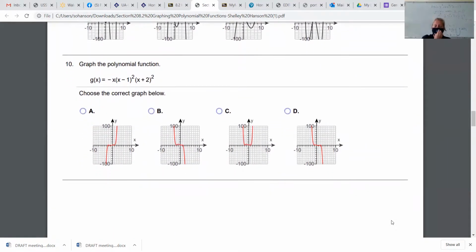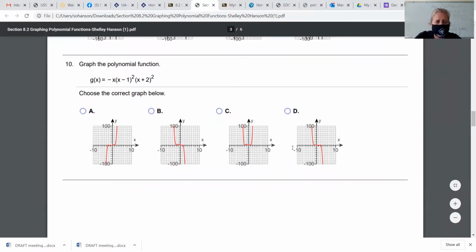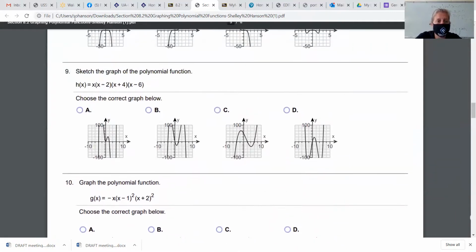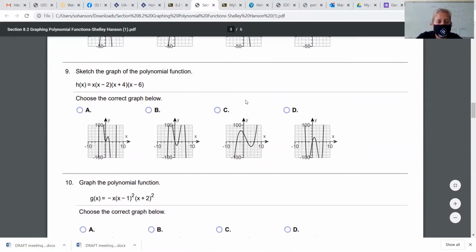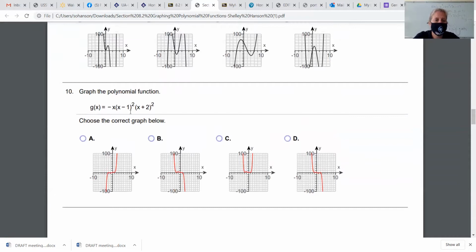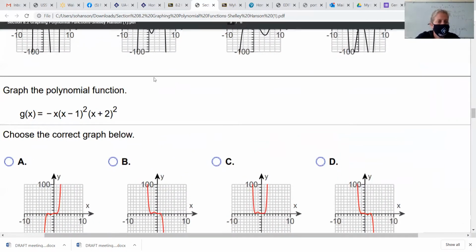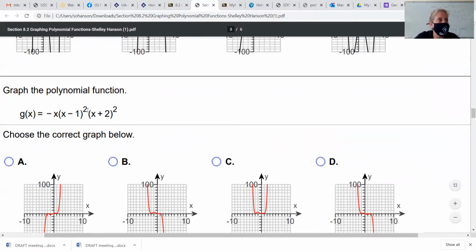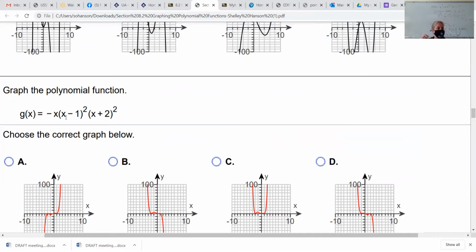All right, number 10. So remember the end behavior. On this last one, I just counted the x's. This one, I'm going to count the x's also, but if you have a parenthesis with an exponent outside of it, that means you count the x that's inside that parenthesis that amount of times. So both of these x's inside these parentheses count twice, right?